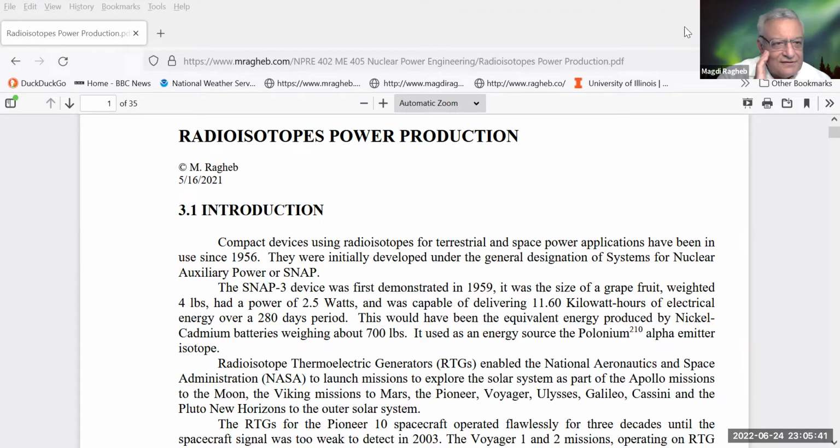Okay, I'll restart again. We are looking at the use of radioactive substances, radioactive isotopes in space applications. They found its use starting 1956 in what has an acronym as Systems for Nuclear Auxiliary Power, SNAP. The SNAP-3 device used the isotope polonium-210, which is an alpha emitter.